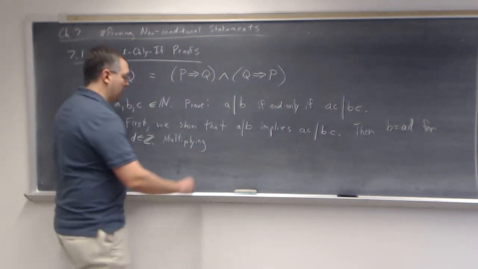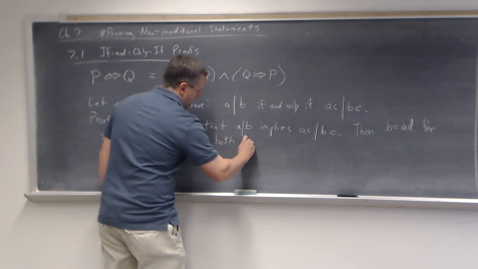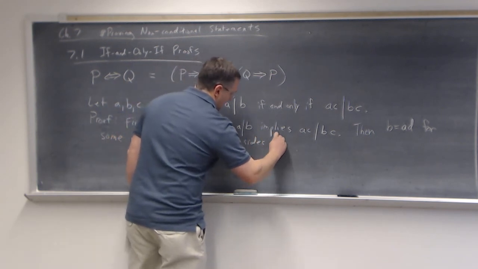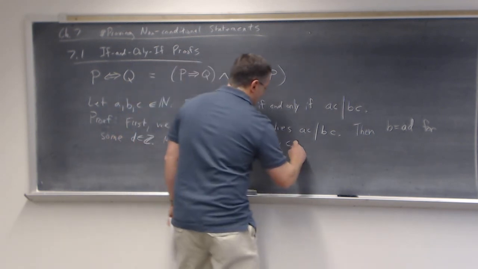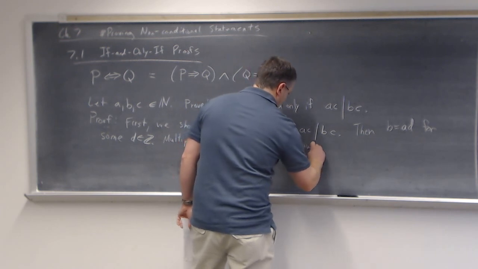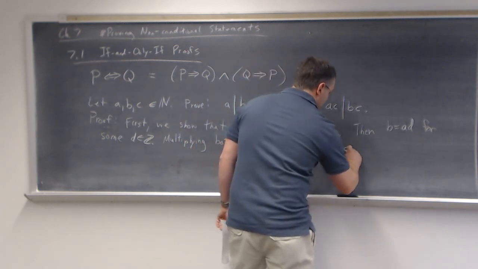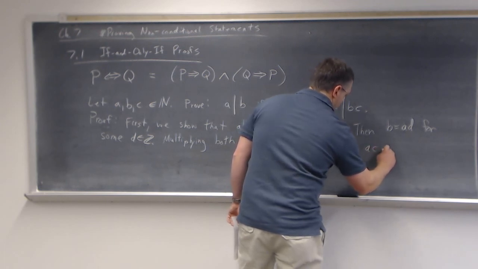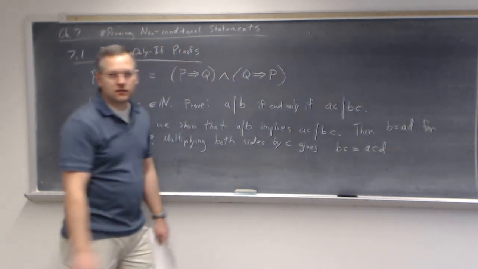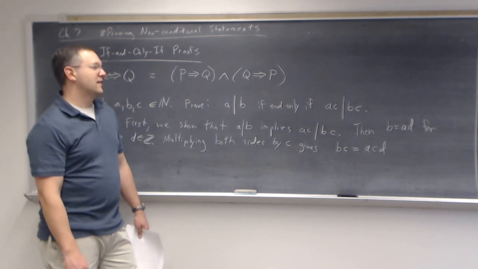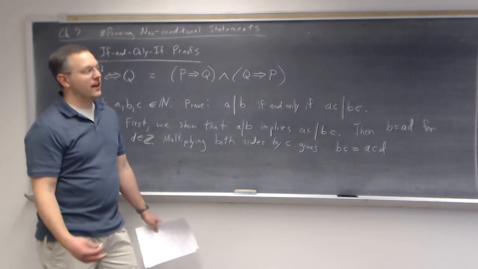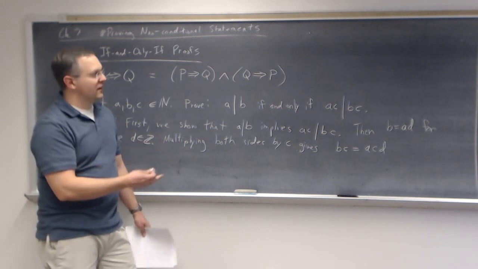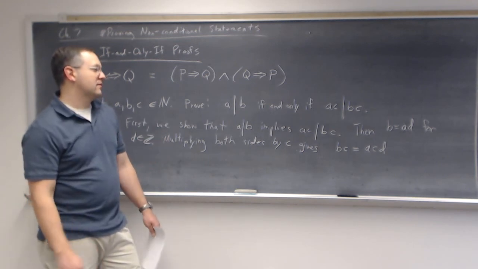Okay, so multiplying both sides by C gives BC equals, now, is it too sneaky to multiply right there in the middle? Or should I put ADC and then move the C over to the next step?